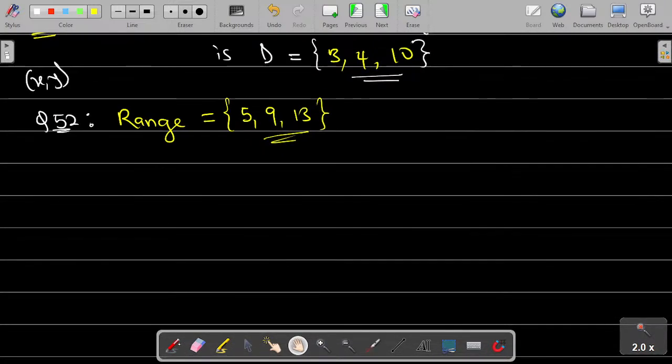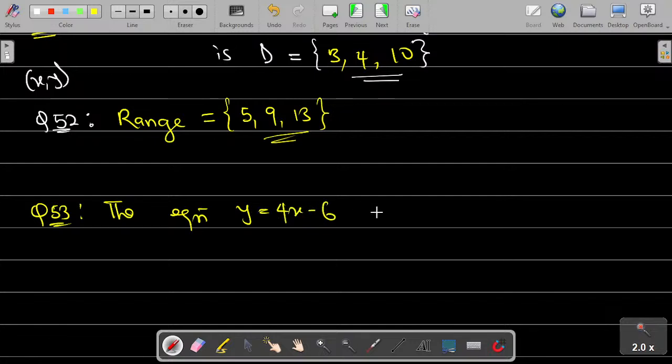Let's say number 53. Look at the question here. It says the equation y equals 4x minus 6 defines a function. Permit me to use some shorthand to enable us write fast.